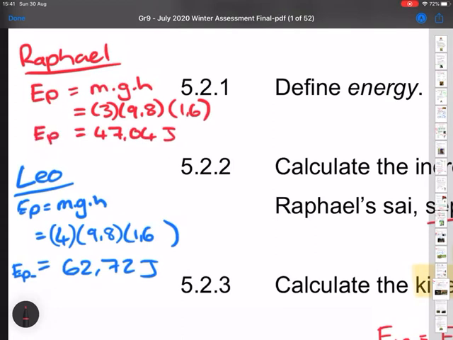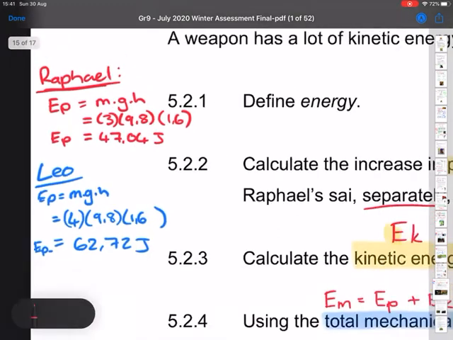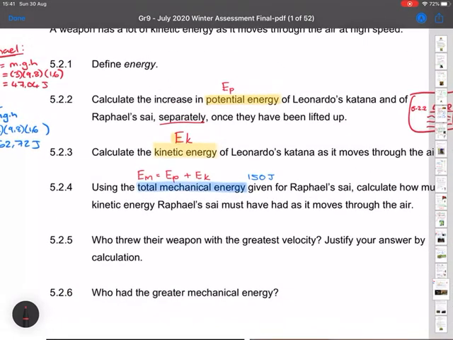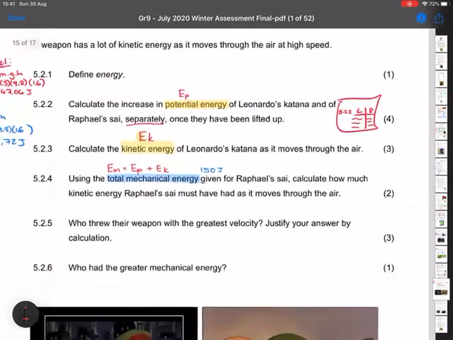So that's the potential energy for Raphael. Please, like I said, make sure you label it, maybe Raphael on the left, or like here I've labeled Raphael and Leonardo. Please do that so that I know what it is that you're calculating. So we've calculated the potential energy increase for each of them once they've been lifted up.